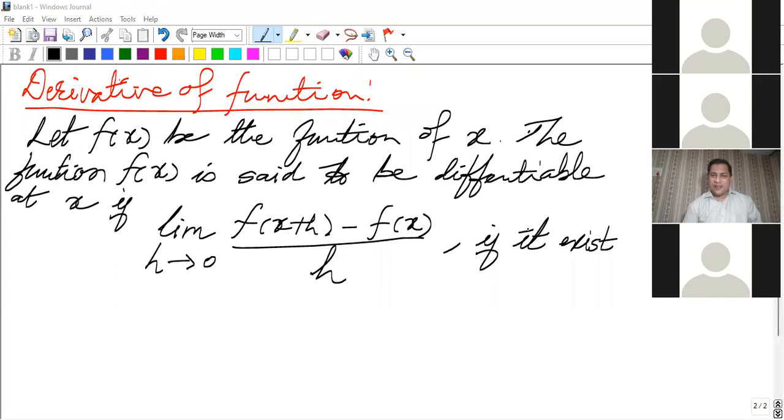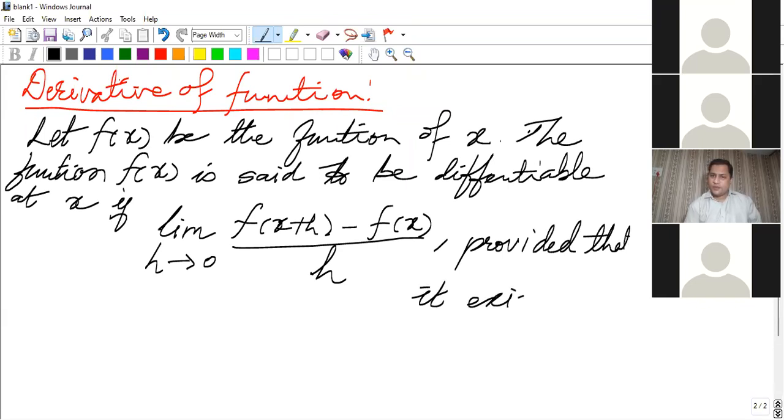Otherwise, please mute yourself. That's why I have asked you to raise the hand, so you can unmute yourself and then you can talk.